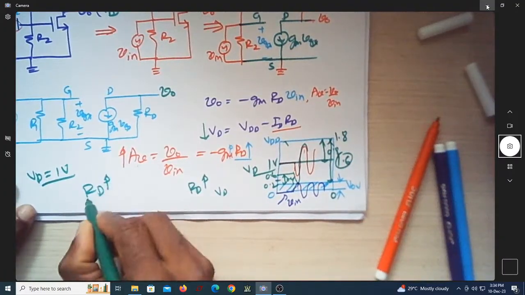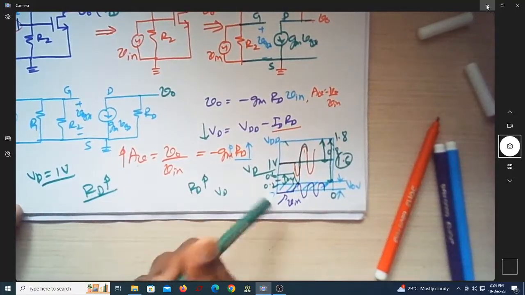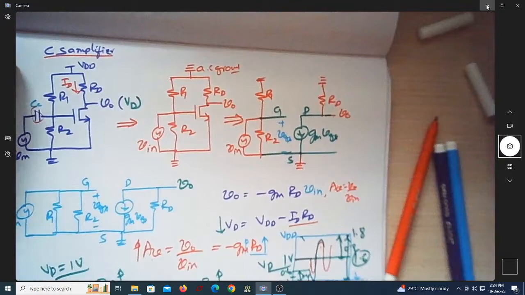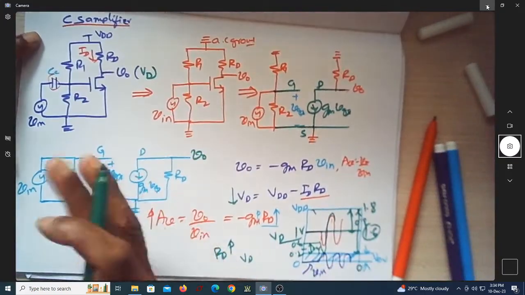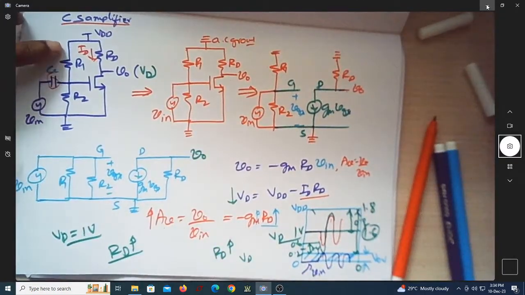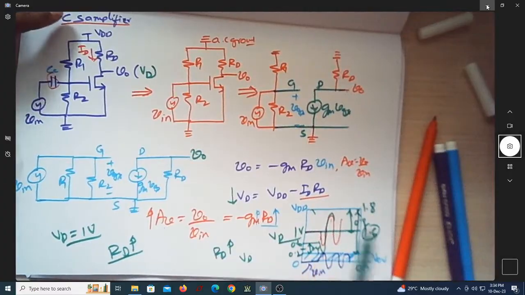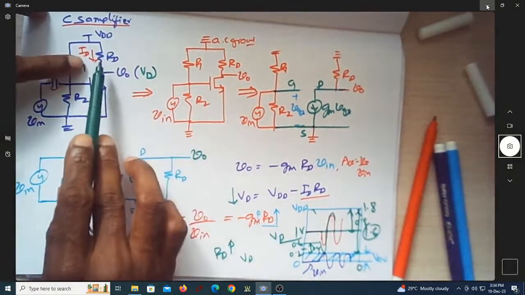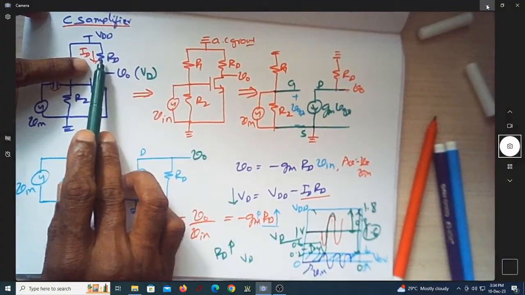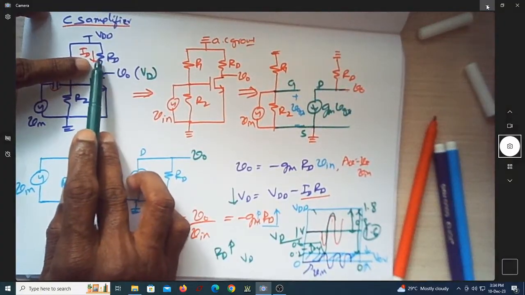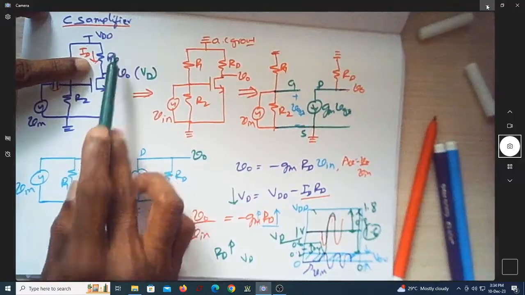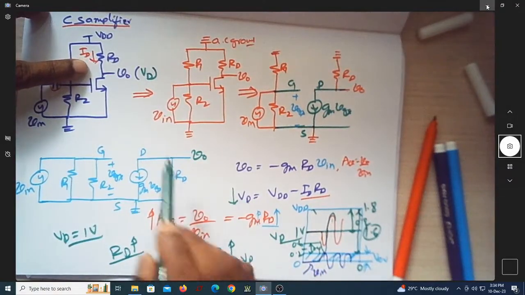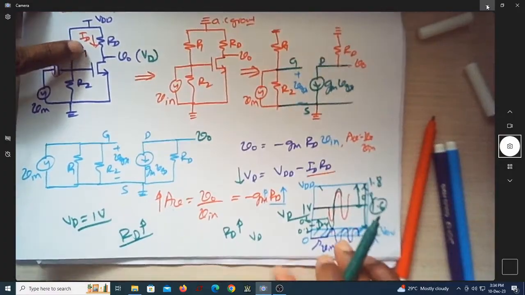So increasing RD to a greater value has an impact on the output swing. It's not a good practice to increase the value of RD to have a larger gain, or it's impossible to get a larger gain with this resistive load, because as the drop across this increases, this VD keeps going down, which will harm my voltage swing.